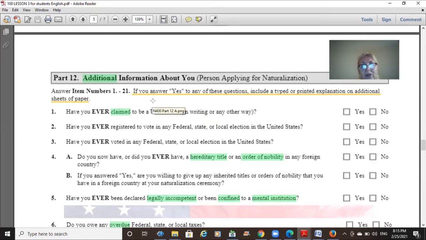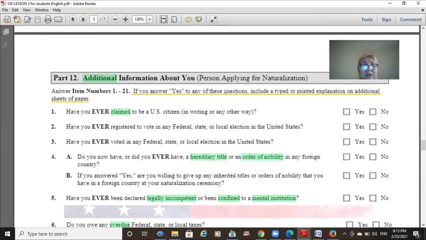Altogether, this part has 50 questions. And some officers, they are very thorough and they go over almost every one of them. We are looking today at numbers 1 through 13 once again.